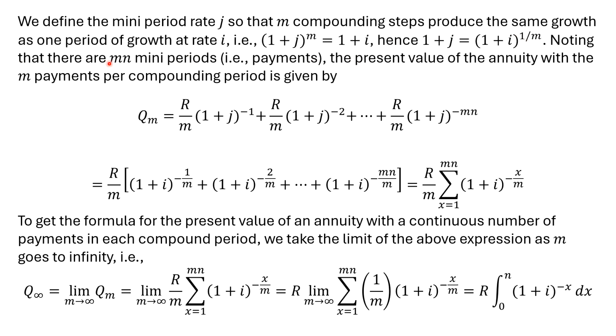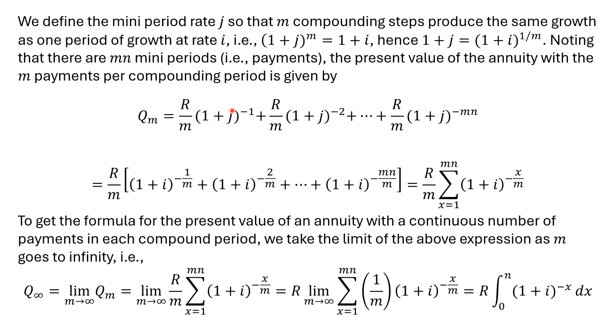Then we note there are m times n mini periods, payments, over the entire term of the annuity. The present value of the annuity, with m payments per compounding period, is given by this here. So we're using this 1 plus j, since that's the rate at each mini period, and this is the payment at each mini period.